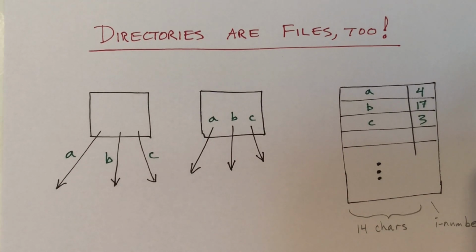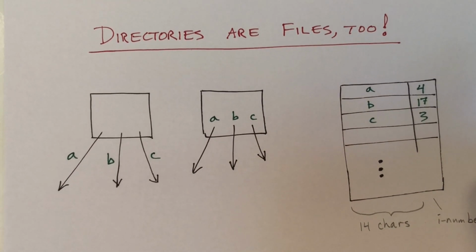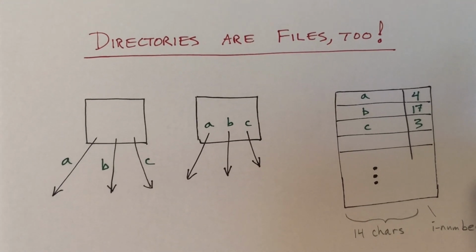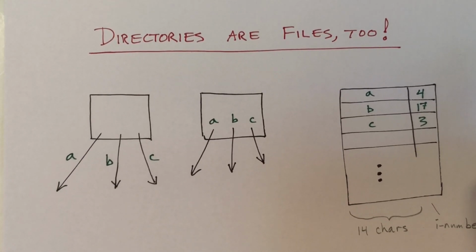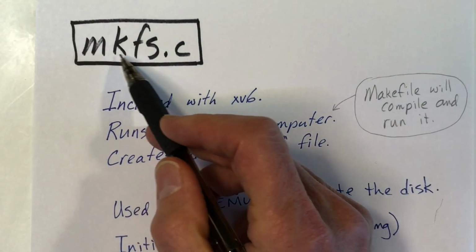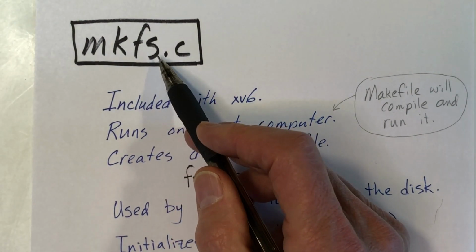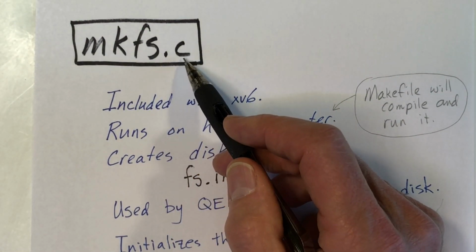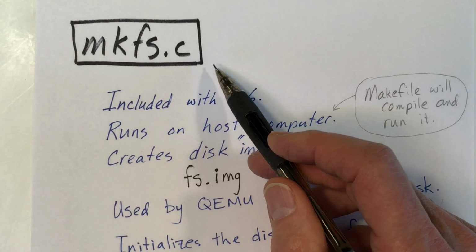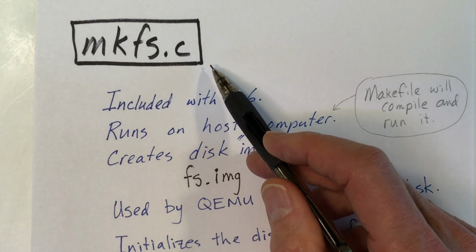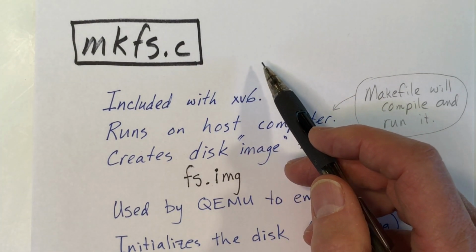So next, let's take a look at how the mkfs program can be used to create or build a file system from scratch. mkfs, or make file system, is a standalone C program. It's not part of the xv6 kernel, and it's not a user mode program that runs under the xv6 kernel.